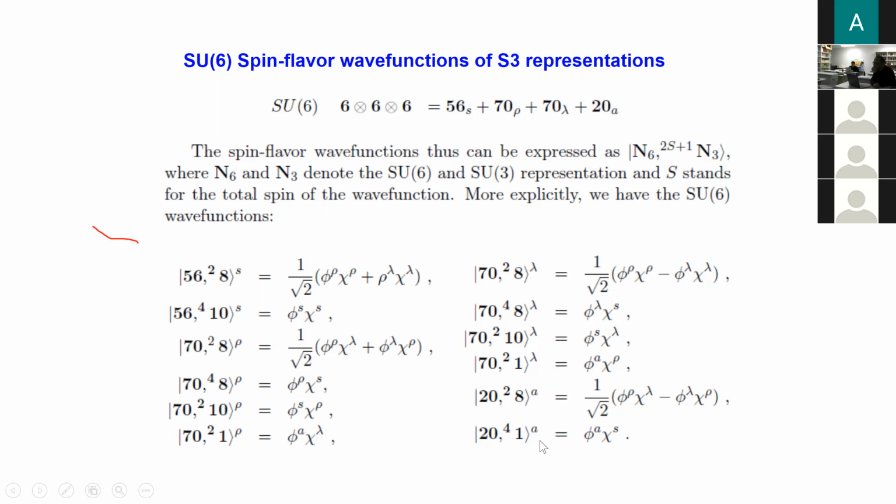By the way, at this moment, there is no experimental evidence for the 20 plet. To my knowledge, this has not been investigated in detail in any experiment, or in theory, there are very few studies of the antisymmetric 20 plet states.